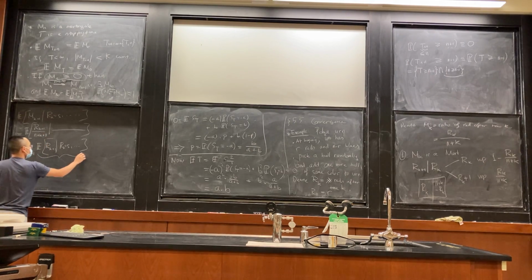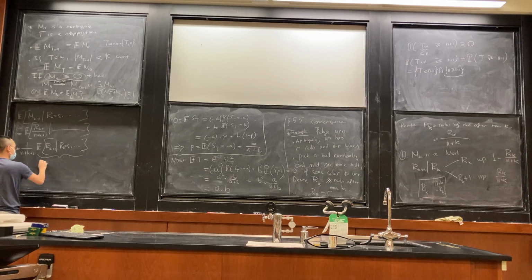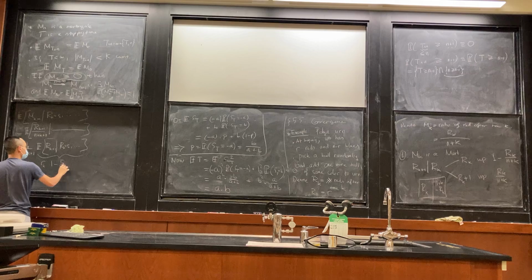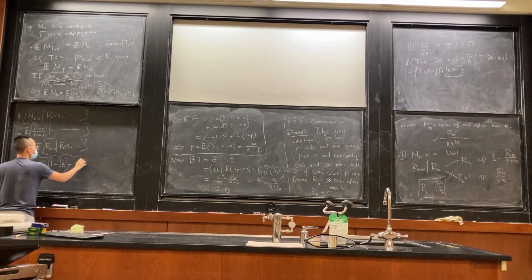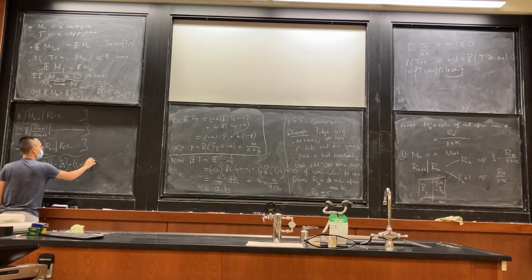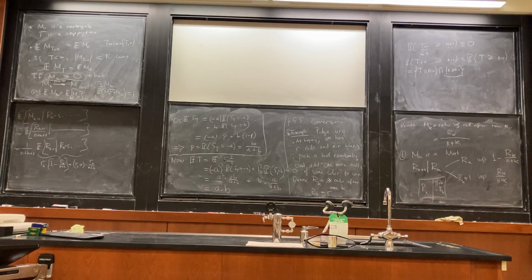This is equal to either I have r_k with probability 1 minus r_k over n plus k, or I increase by one more ball with probability r_k over n plus k.